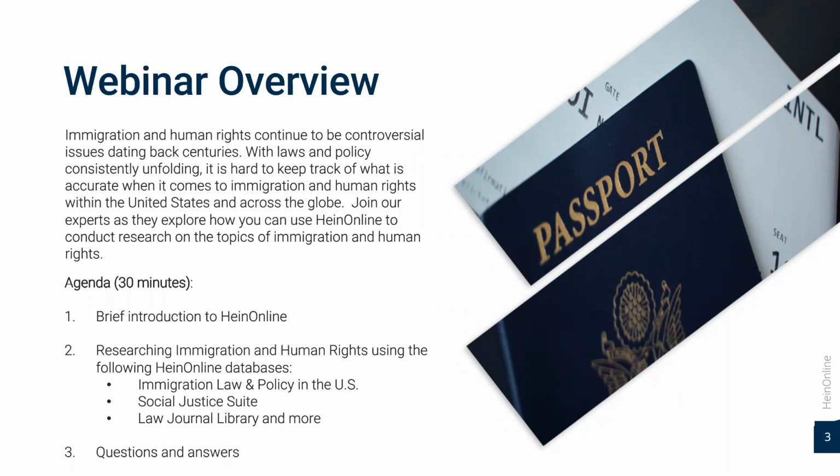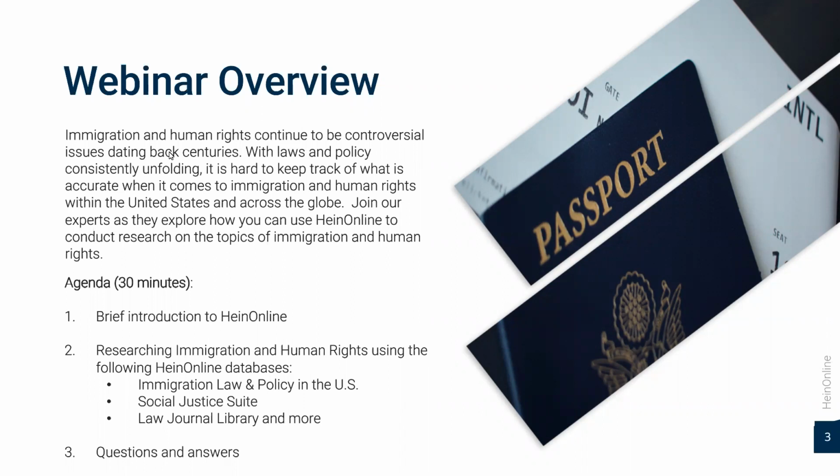And then I want to cover the immigration law and policy database, our social justice suite. I'm going to talk about what's included in that. And then I'm going to show how you can utilize those databases plus additional HeinOnline content to do research on human rights and immigration. And then again, at the end, a couple of minutes will be left for questions and answers.